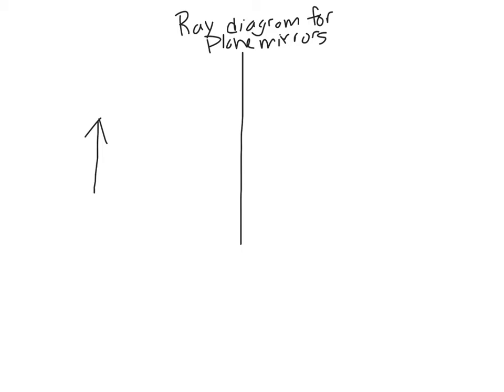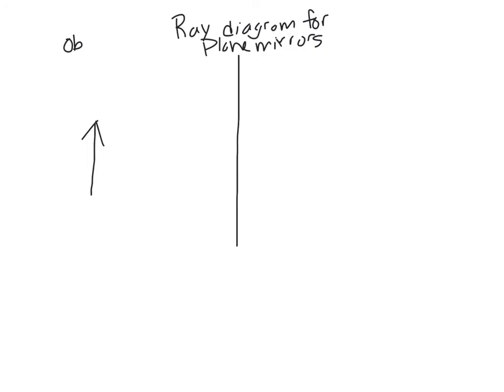So remember, over here we have our object, and we're going to create our image. Now, you'll come to realize that you should expect your image to be on this side for plane mirrors, and I'll show you why. Step 1, you're going to pick 2 points on your object. Minimum of 2 points. You should pick as many points as sort of like distinguishing features. In this case, distinguishing features are the top, bottom, and if you really wanted to be picky, you could pick the sort of ends of the arrows.